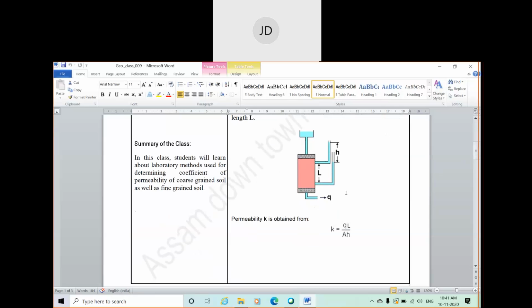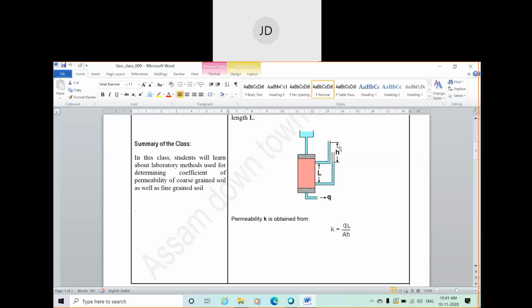So you can find the value of k, the coefficient of permeability of coarse grained soil, by using this formula. Q is your rate of discharge that you can find in the lab. L is the length of the sample. Capital A is the cross-sectional area of the sample, which is already known to you.